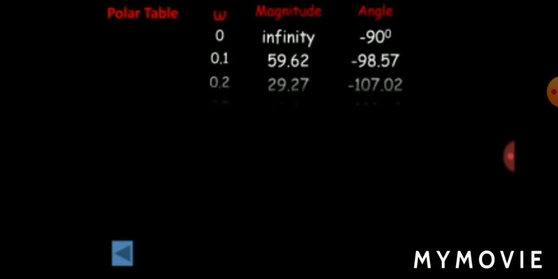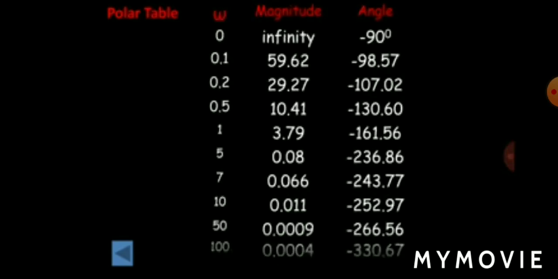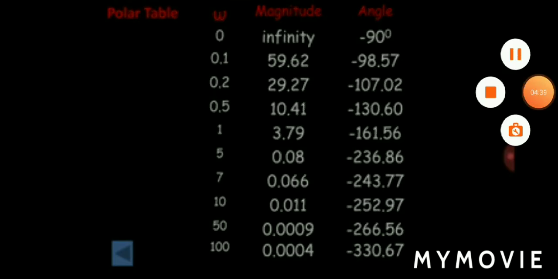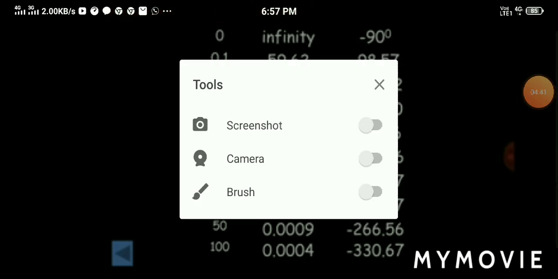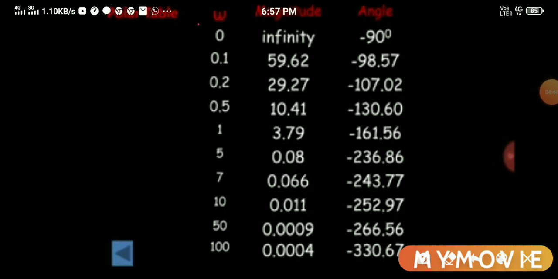So now we are going for the polar table. This polar table is very easy. In the polar plot we have achieved the magnitude table and the angle table. We have so many omega values. Take your own omega values: 0, 0.1, 0.2, 0.5, 1, and so on.